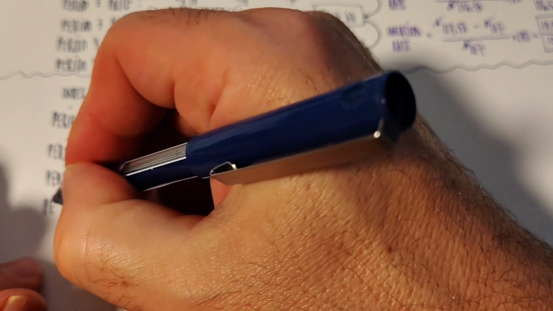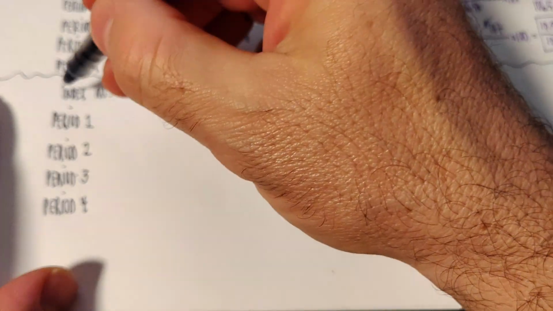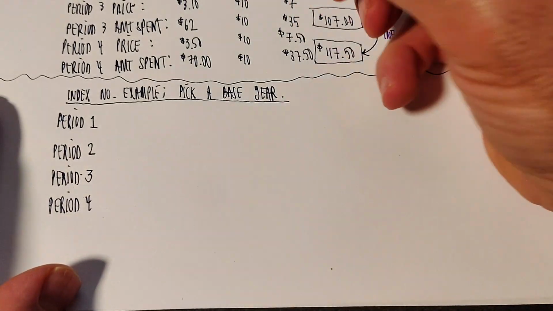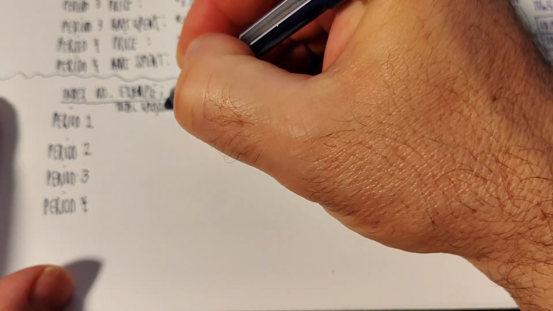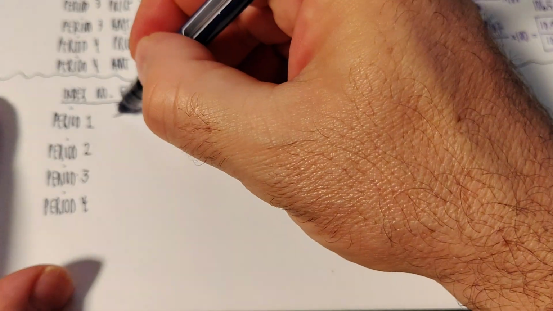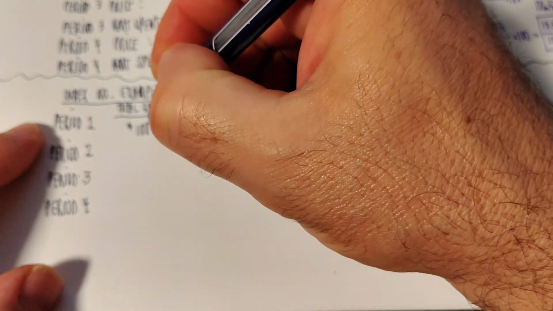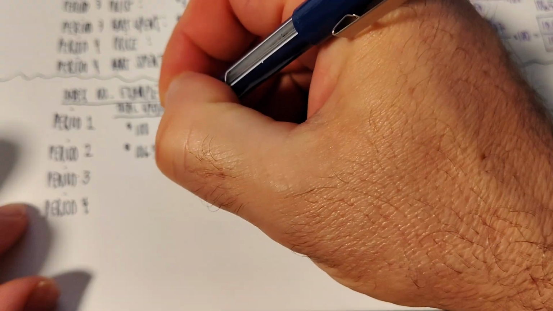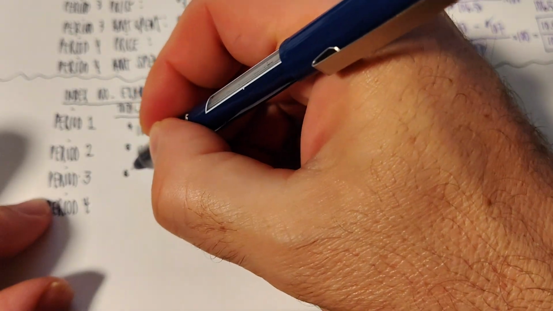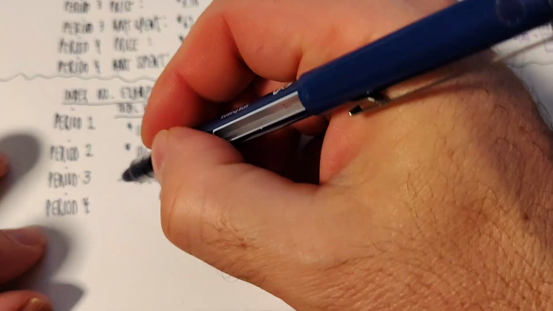And period 4. And we're going to do what the total spending is. So total spending in that period. So for period 1, it's $100. For period 2, it's $106.50. For period 3, it's $107. And like we said, for period 4, it was $117.50.